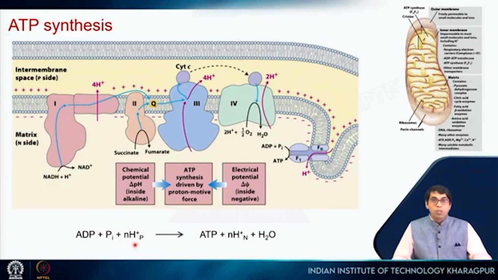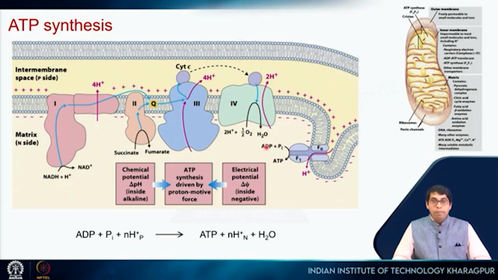So now we have this proton gradient, right. Glucose is oxidized to carbon dioxide, electrons are accepted by oxygen. However, the energy is stored as this proton gradient across the membrane. Now we have to use this stored energy to produce ATP.